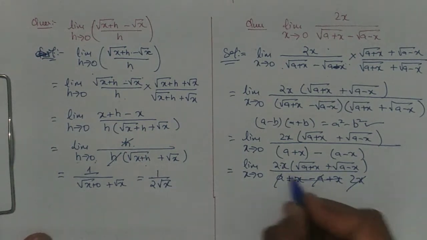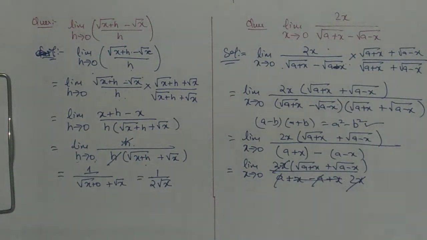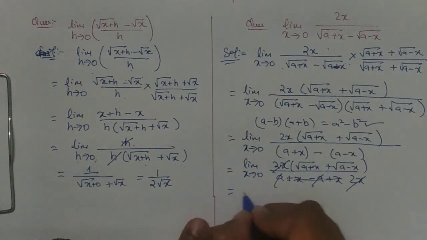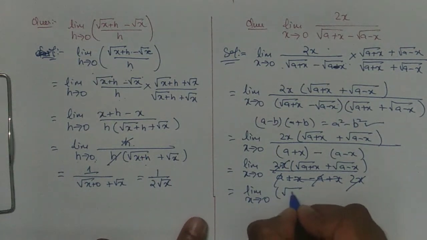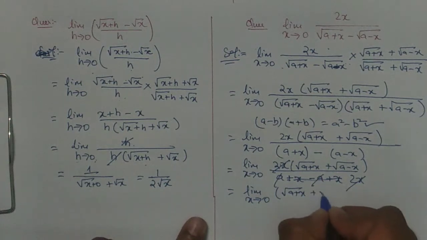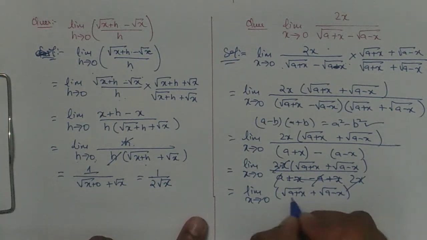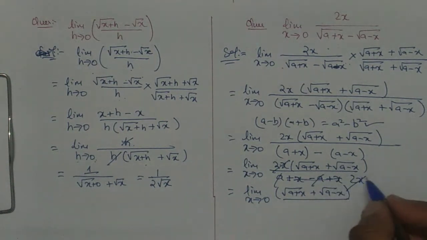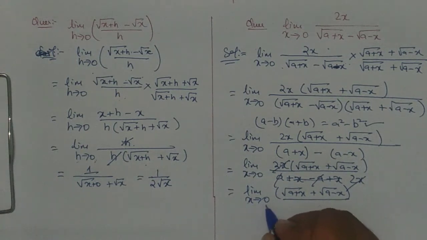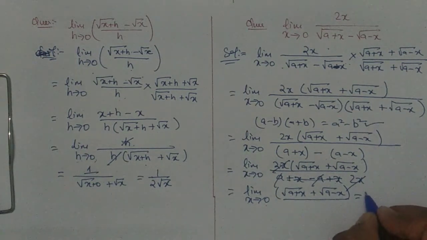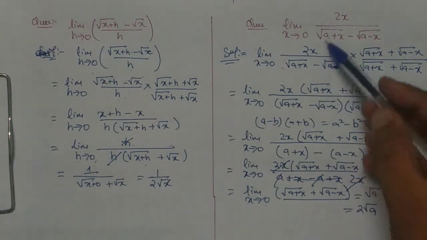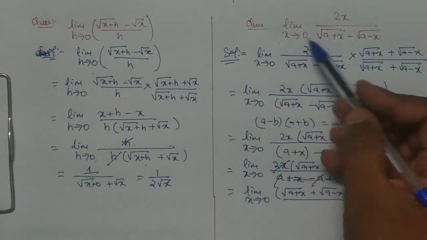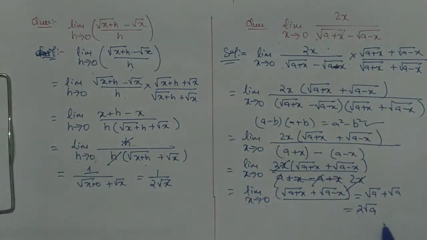So this 2x will cancel this 2x. So now we have limit x tends to 0, root a plus x plus root a minus x. Now in this function we will substitute the value x equal to 0. So we will get root a plus root a, and it is equal to 2 root a. So the limit of this function as x tends to 0 is 2 root a.